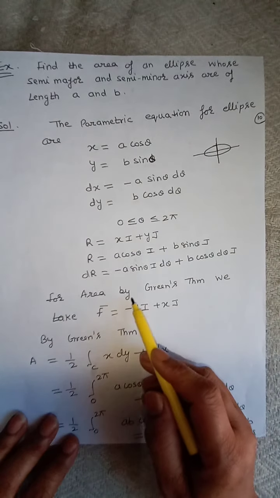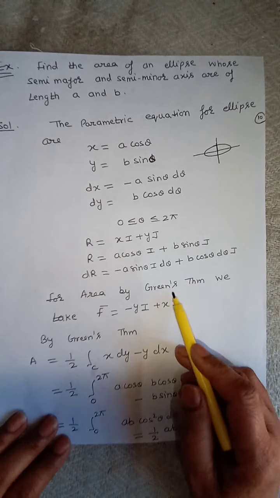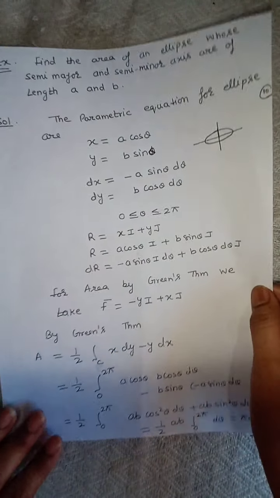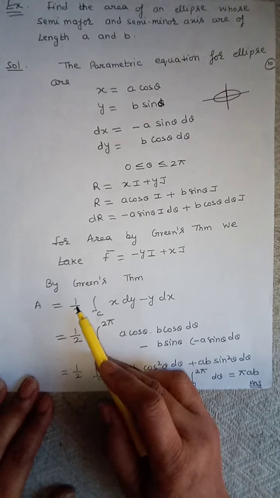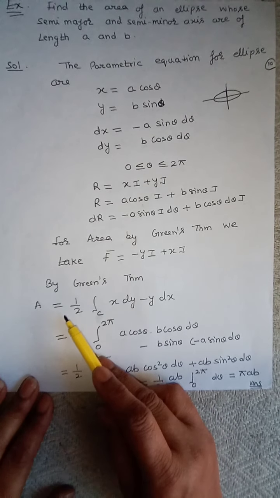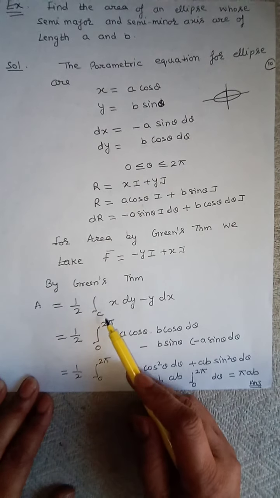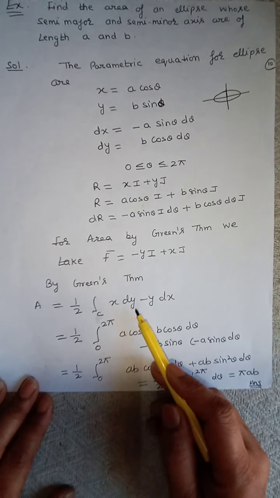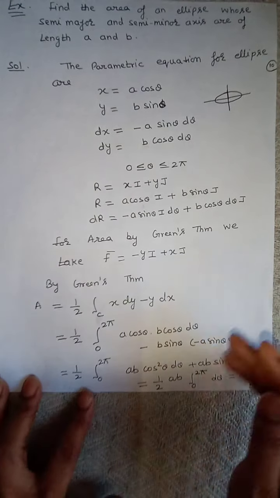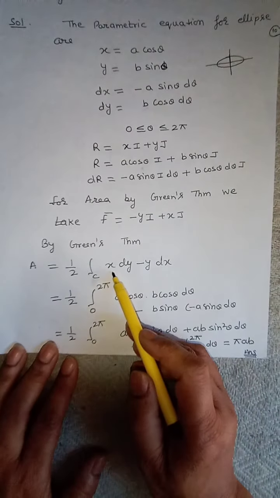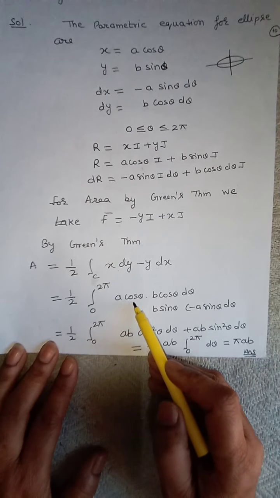Now for area we have Green's theorem. By Green's theorem, area is equal to 1 by 2 integral c x dy minus y dx. Put the value of x, x is a cos theta.